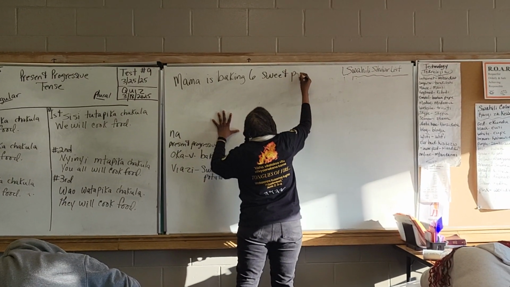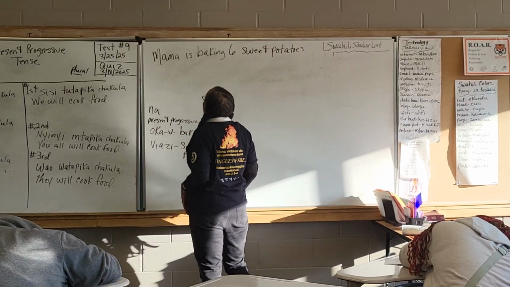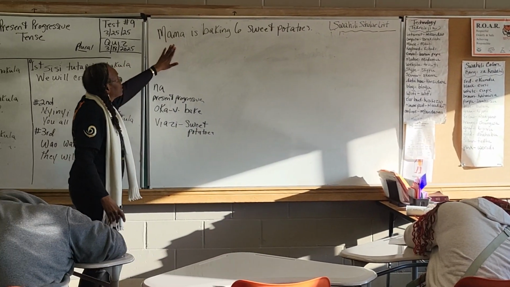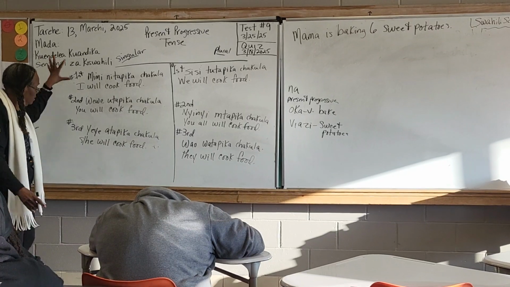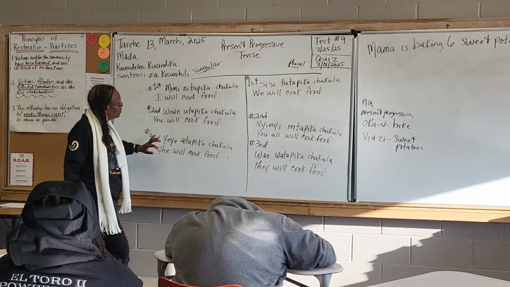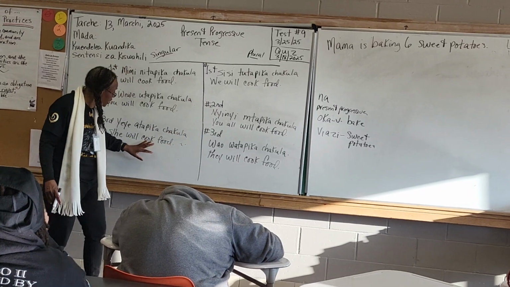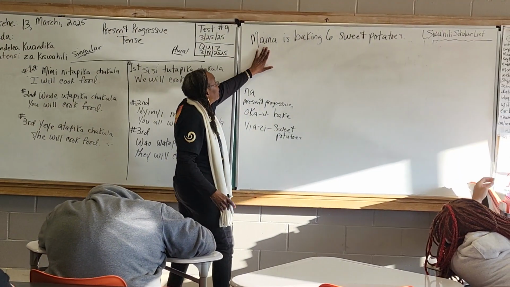Okay, here we go. Now, Mama, she is the subject of the sentence. Where is she on this chart? Is she I, you, she or he, we, you, or they? She. This is where Mama is. So you're going to put first thing, Mama.